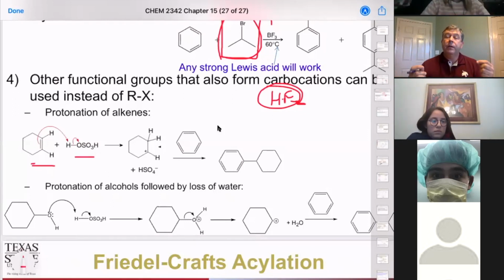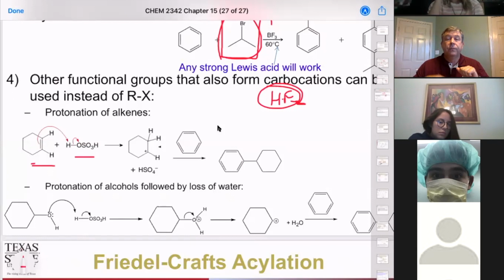However, notice that all we're doing is creating that carbocation. We're not changing the mechanism, we're just changing the way we create the carbocation. So any way you can create a carbocation, you can react it with benzene. That's kind of closing all of this together with the alkylations.